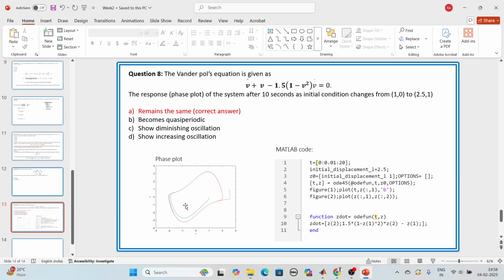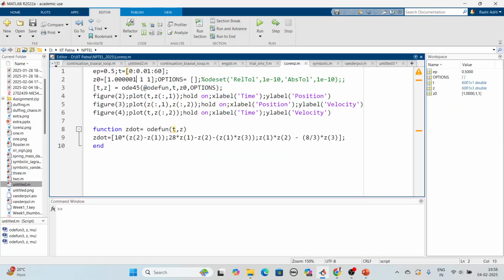See, in case of a spring mass system, which has the equation m x double dot plus k x equals 0, if I change the initial condition, what am I going to get? I'm going to get that the amplitude of the oscillation changes with the initial condition. We made the code now, so let us just run that.